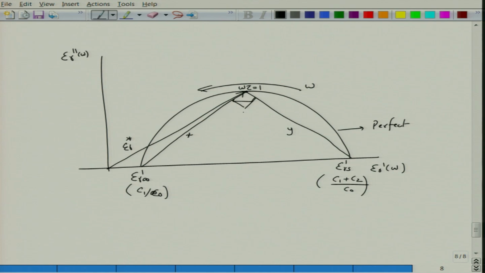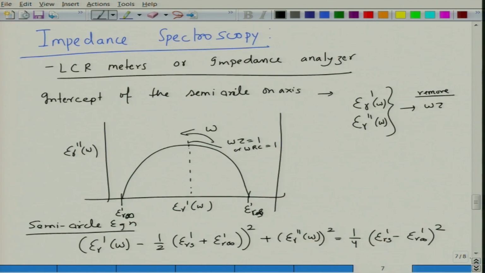As a result, x squared plus y squared would be the square of epsilon r s prime minus epsilon r infinity prime. If you look at the previous equation, this is what you have: some sort of x squared, this is y squared, and the 4 will go to the other side.